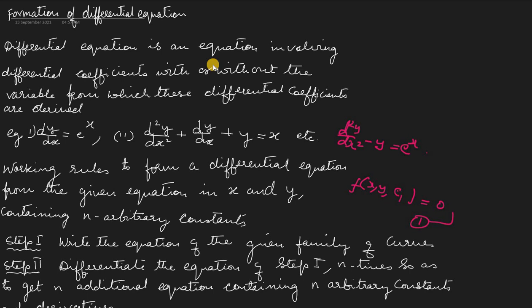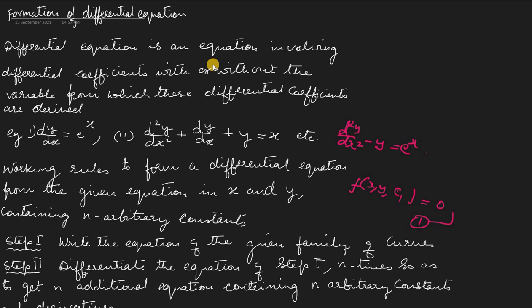To form a differential equation from it, you have to differentiate this given equation once only to eliminate the constant term c1.